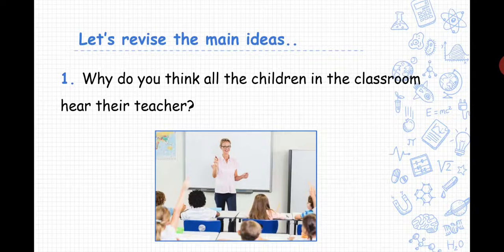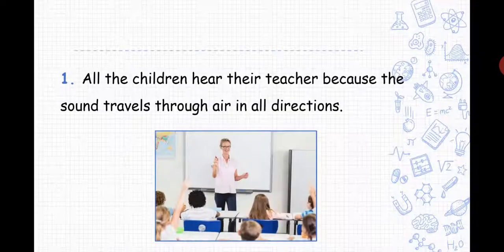And we know already that when sound travels through air, it travels in all directions. So all the children will hear their teacher wherever they sit inside the classroom. So the answer here is all the children hear their teacher because the sound travels through air in all directions.